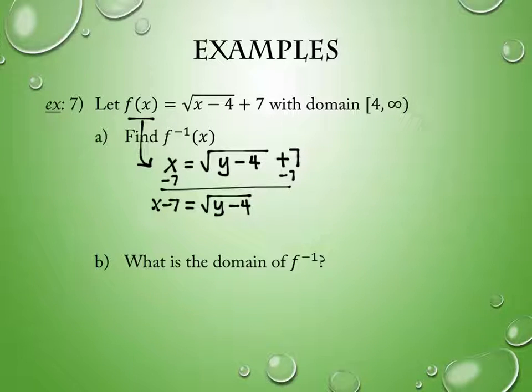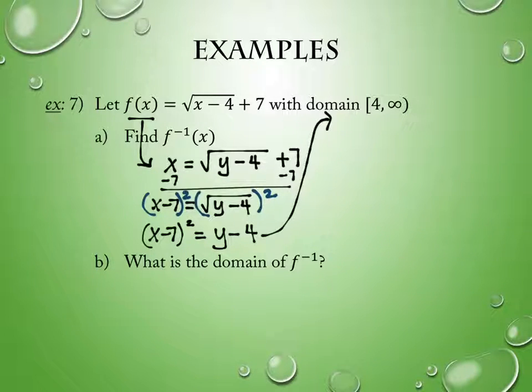Then we would need to square both sides. So I'm going to leave it as x minus 7 squared, at least for now. And I'll have y minus 4 on the right. Then what?